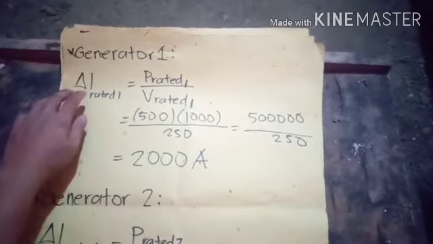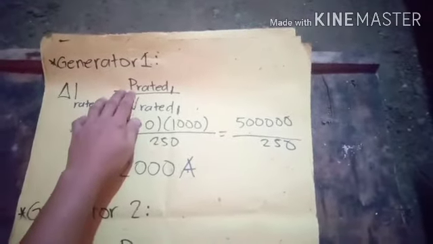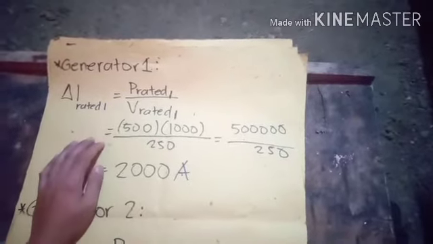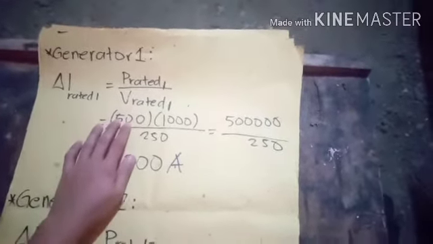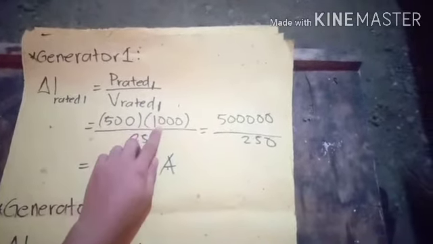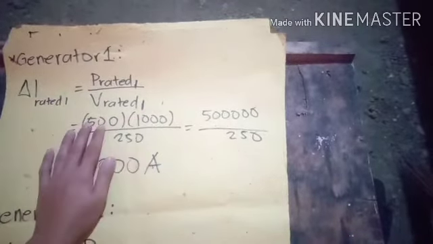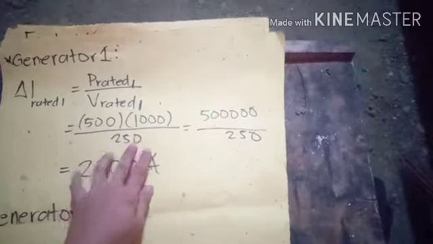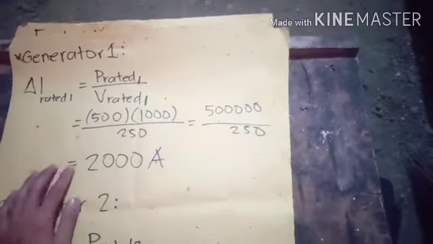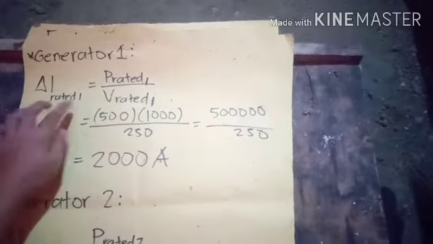Rated current I rated sub 1 is equal to power rated sub 1 over voltage rated sub 1, which is 500 times 1000, wherein the power is rated in kilowatts, so times 1000, over 250, equals 500,000 over 250, which equals 2000 ampere for I rated sub 1.